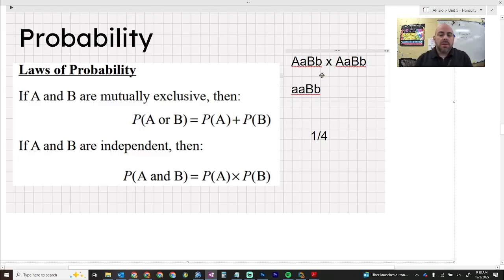And so if you were to do a Punnett square between big B, and big B, little b, sometimes it's going to be big B, little b, but sometimes it's going to be little b, big B, right? And so 1/4 of the time it's going to be one big B, and another 1/4 of the time it's going to be another big B, little b. And so you add those two things together, right? So 1/4 plus 1/4 is 1/2.